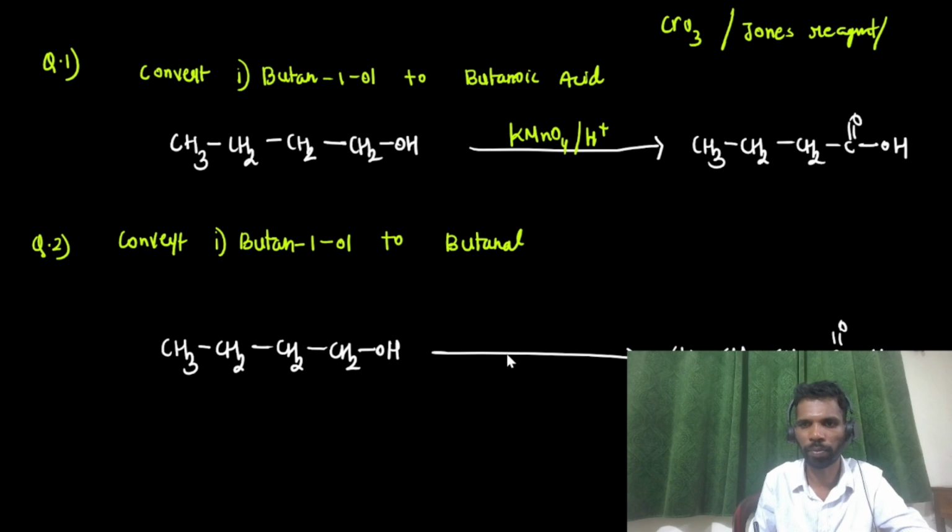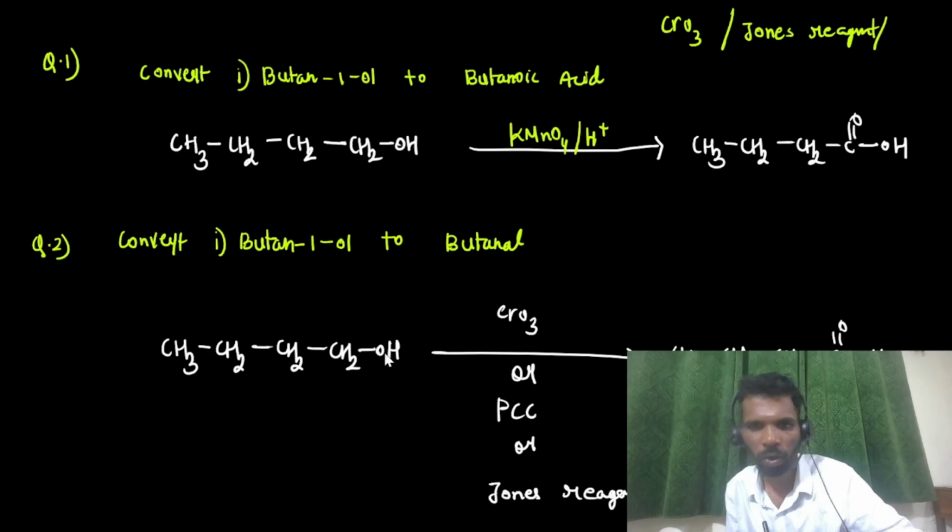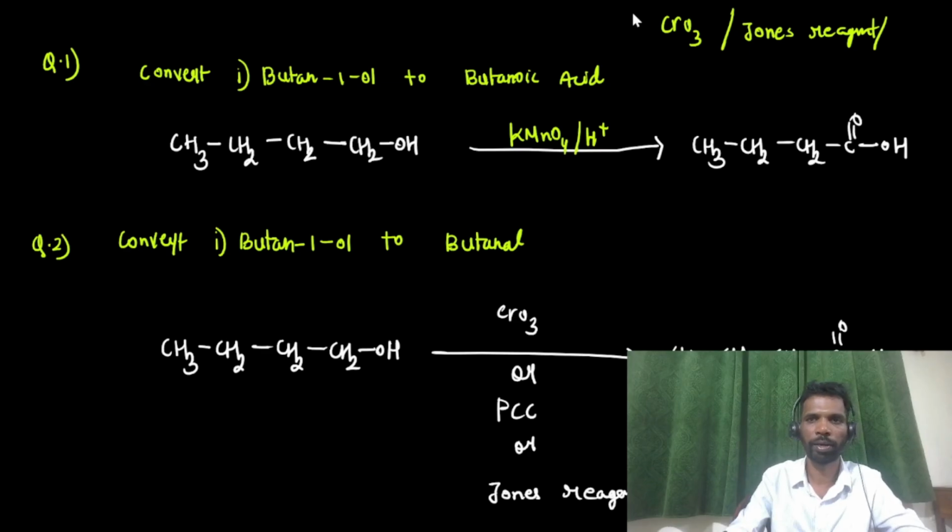Any means any, except what? Except KMnO4 or K2Cr2O7. You can use CrO3, or you can use PCC, or you can use Jones reagent. Okay, you will get marks for this because this can oxidize it to an aldehyde.